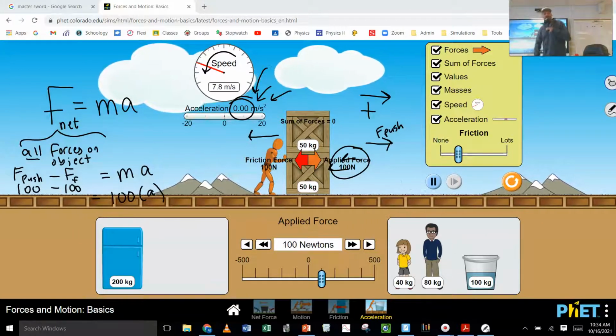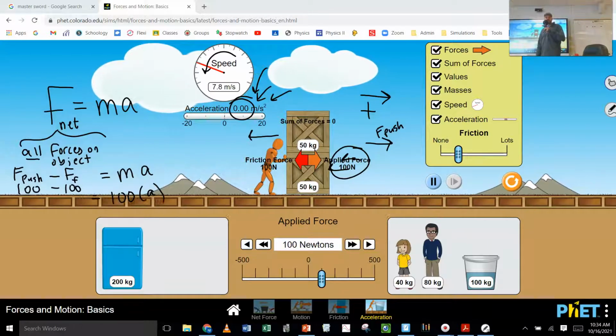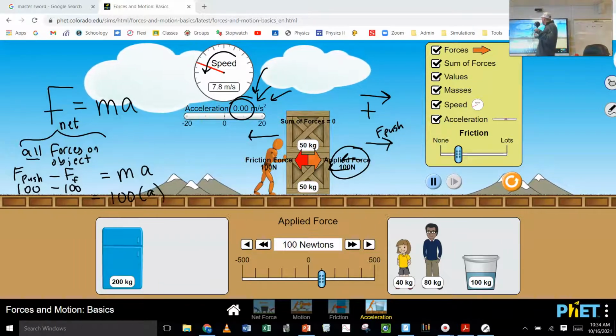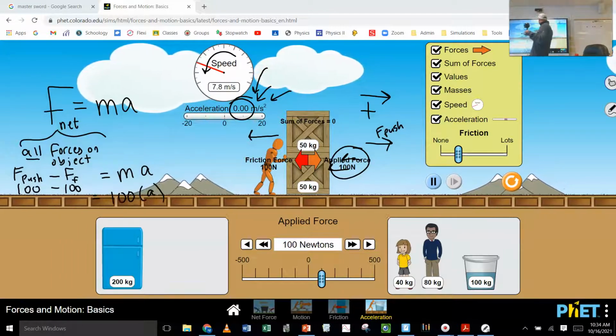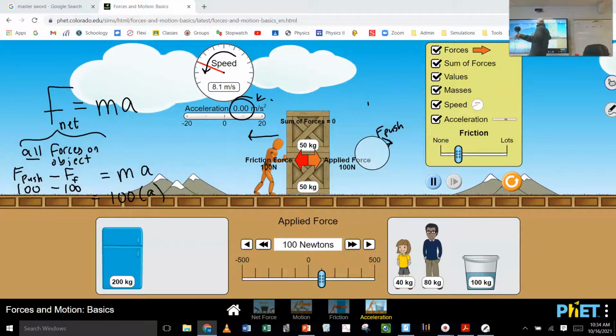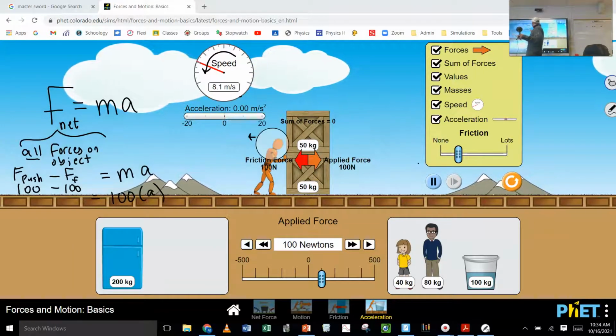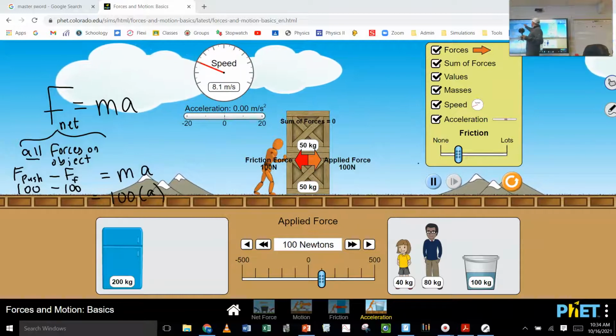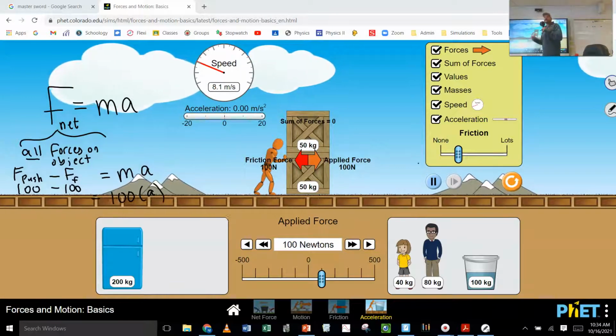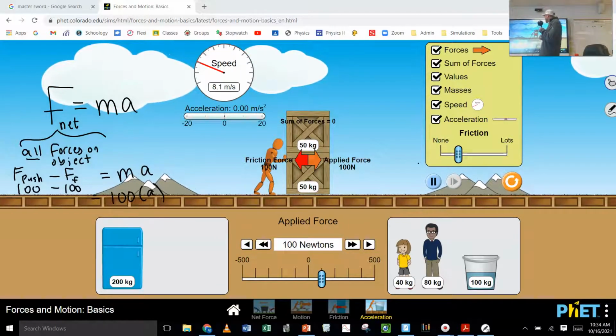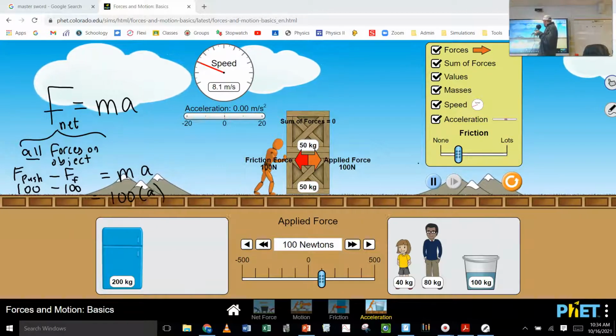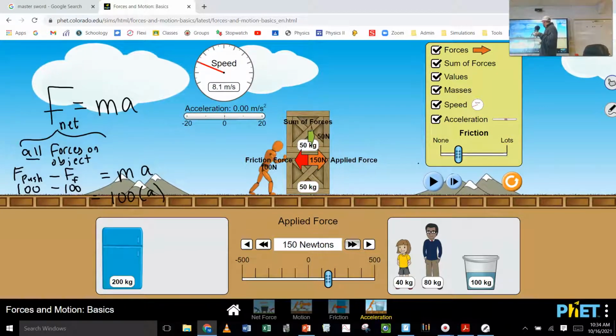So here I'm putting numbers to these concepts. Right now there is no net force. If there's no net force, then there's no acceleration. If I do have a net force, I increase my force.